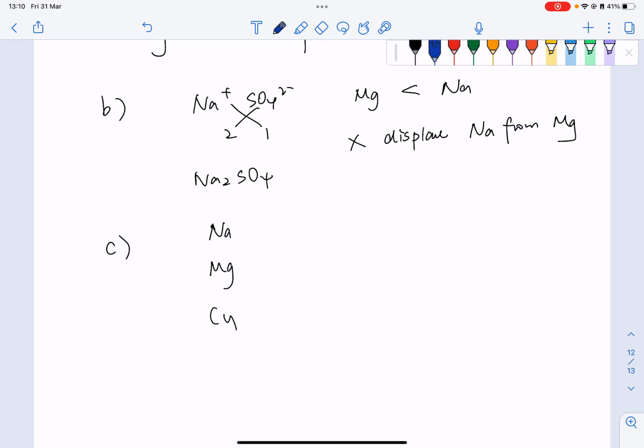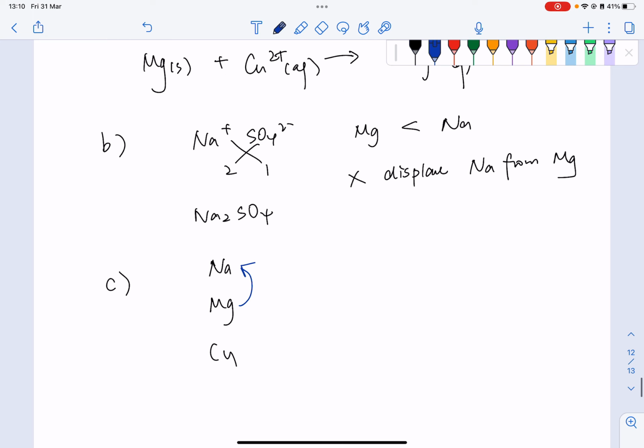We only have the displacement reactions here. Firstly, we can compare magnesium and sodium, simply using question B. If magnesium is added to sodium sulfate, no reaction happens.